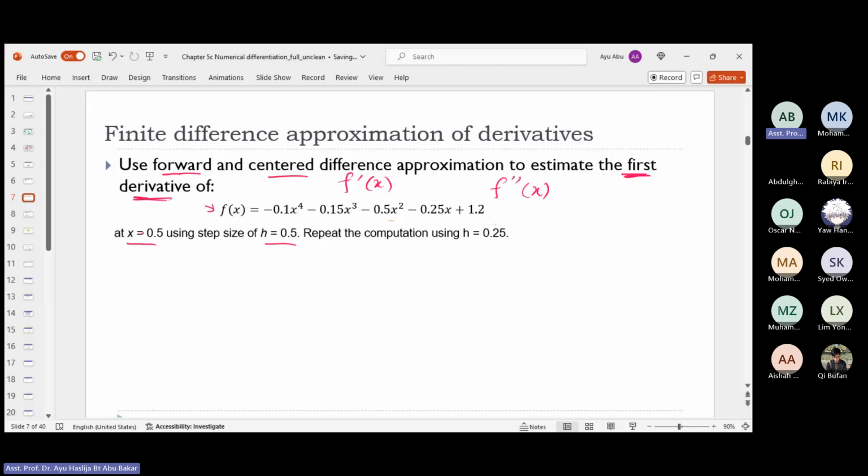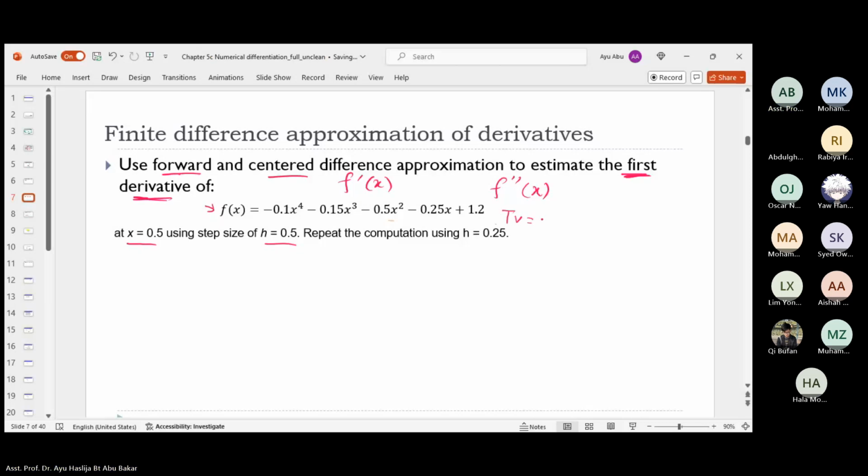This is the given condition, x and h. And it asks you to repeat the computation using h 0.25. Now, first thing, find the true value first. True value here is f prime x, the differentiation of this function. So try to find out what is the true value of differentiation for this function.